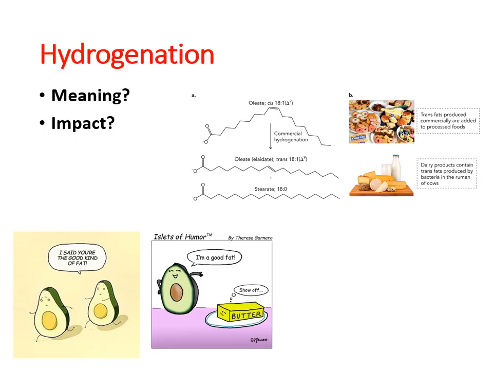Now, with unsaturated fatty acids, because there is at least one double bond, we can do what's called hydrogenation, and that's the commercial process of using hydrogen to reduce the double bond so that that fatty acid has now been saturated.